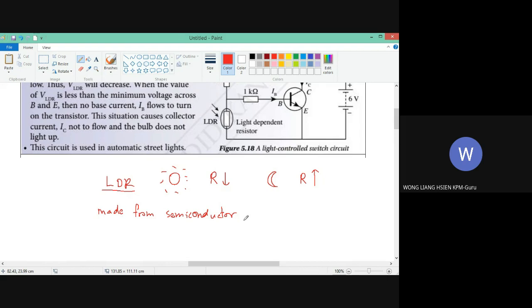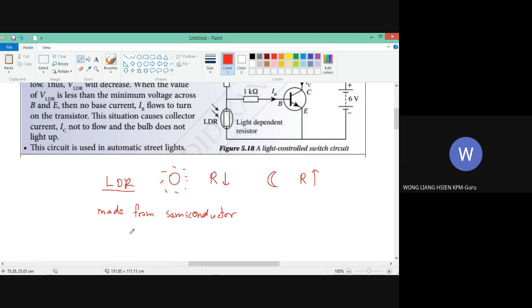One very special thing about semiconductor is when it is exposed to light, the electron will be able to absorb the energy from light, and the resistance of the semiconductor will decrease. So you can see why during daytime the resistance will decrease, and during nighttime the resistance will increase.